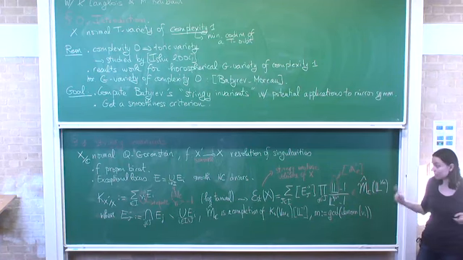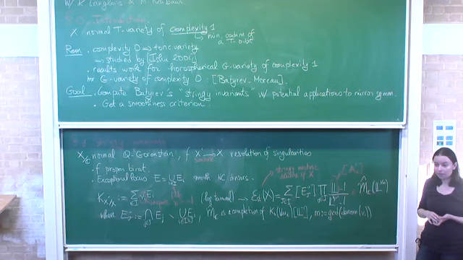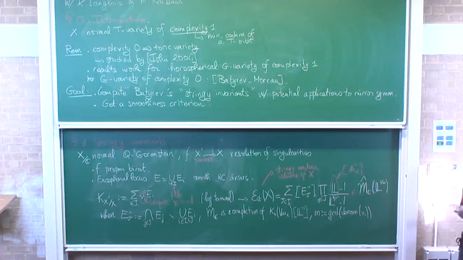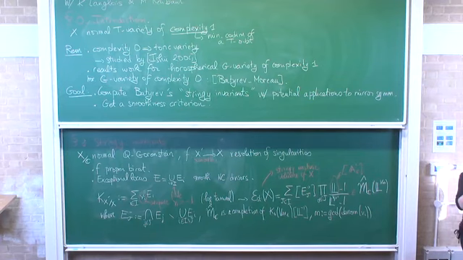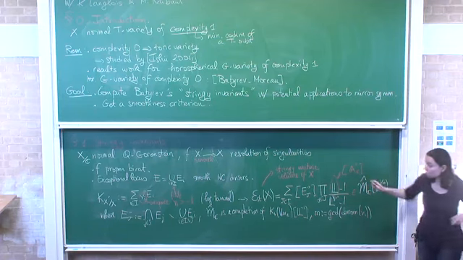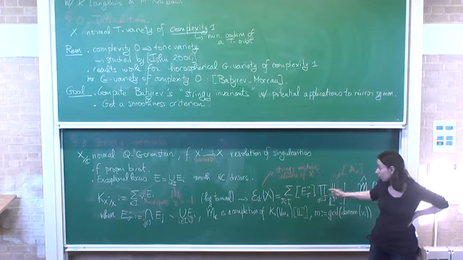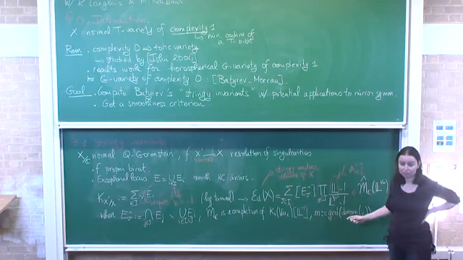Yes, it doesn't depend on the resolution. It's not clear, but it will be much clearer when I write it in terms of motivic integration. It is not obvious a priori why this doesn't depend on the resolution, but it does.